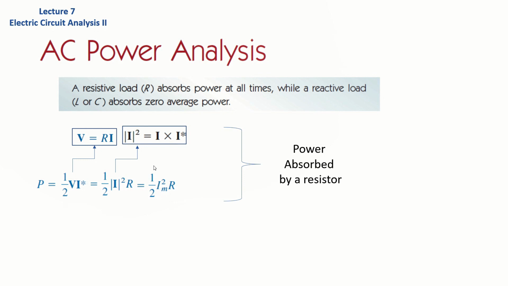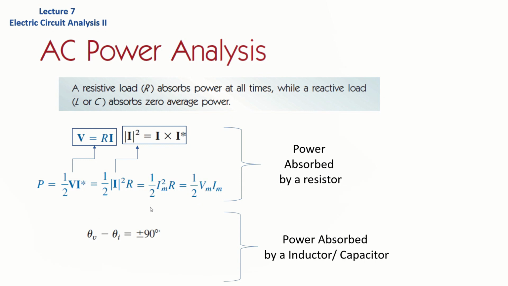So as you can see, the resistive load will always absorb power, and we can denote this power using this expression. But in the case of a reactive load, that is an inductor or capacitor, the voltage and current will always be out of phase, and that phase difference will be 90 degrees, either positive or negative.